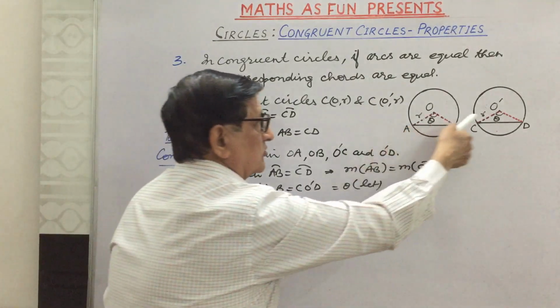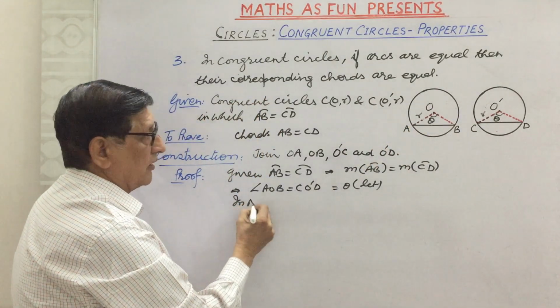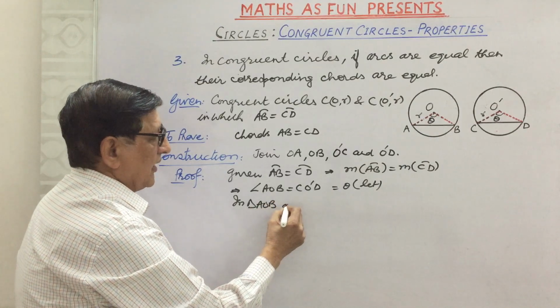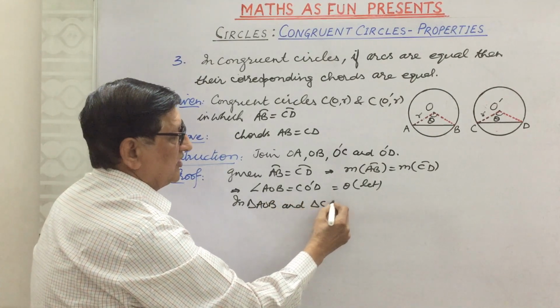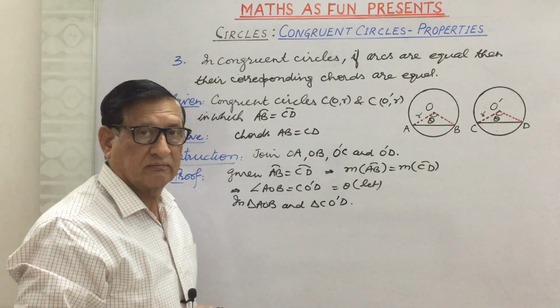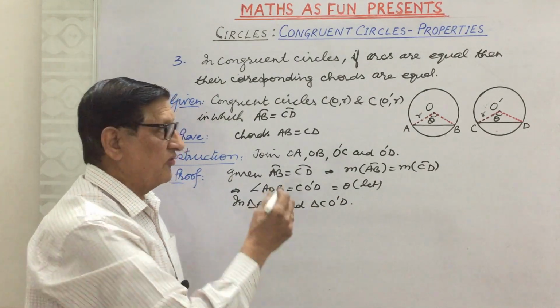Now we can take these two triangles. In triangle AOB and triangle COD, what do we find?